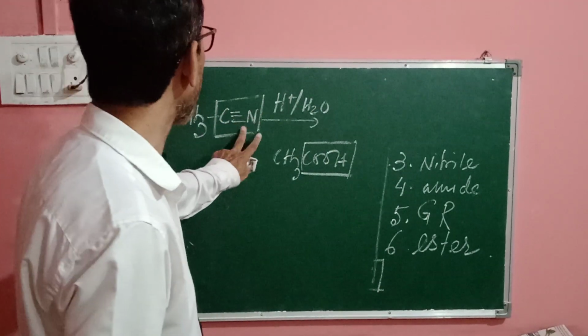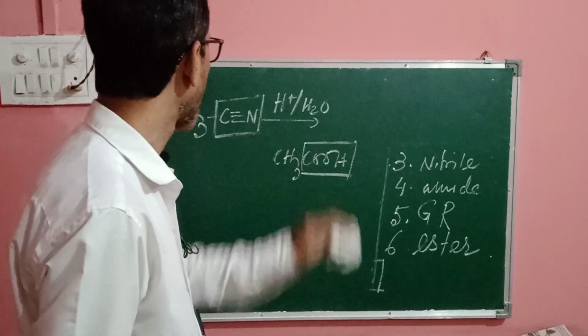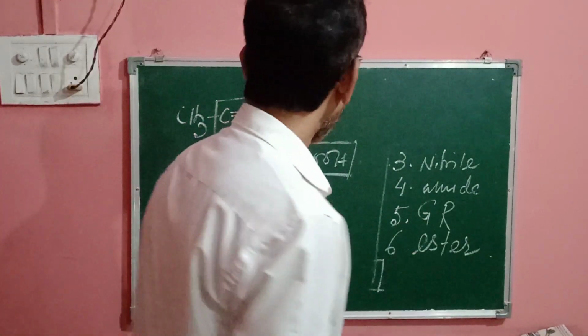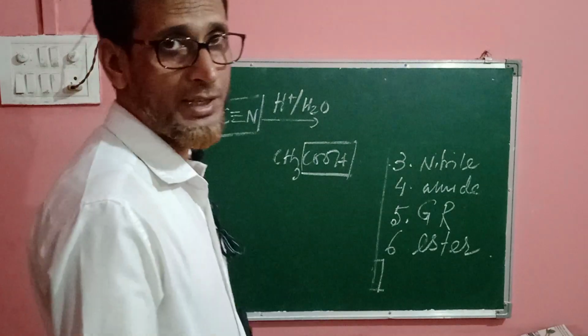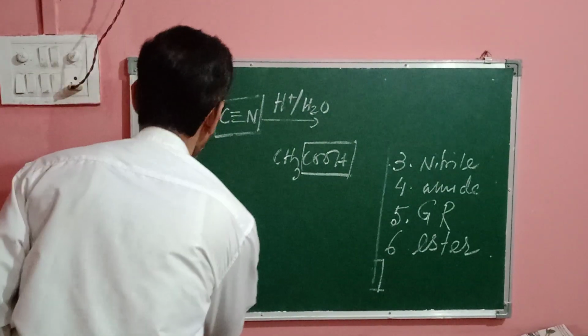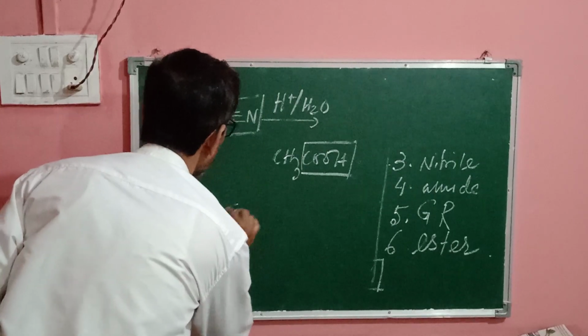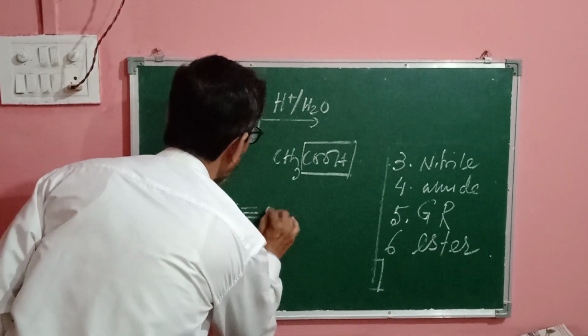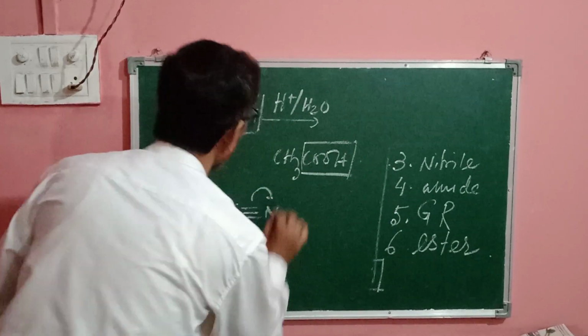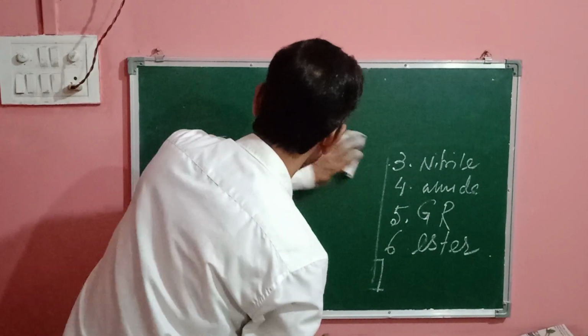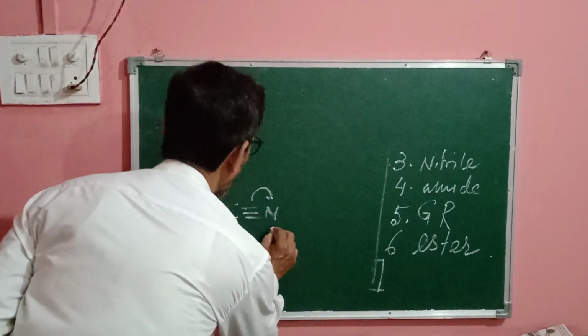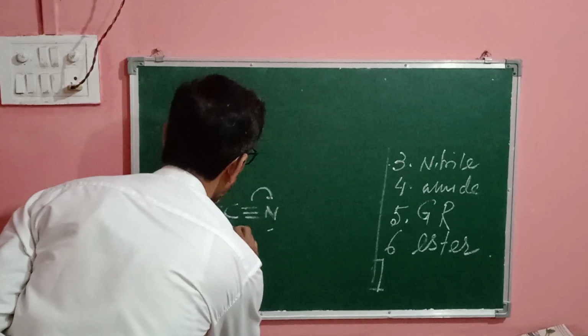You will find this very often in other chapters also. And if you ask how, I am explaining without mechanism, it is a shortcut I am showing you. See, nitrogen is more electronegative, so the bond is withdrawn in this way. So nitrogen is minus and this carbon is plus.